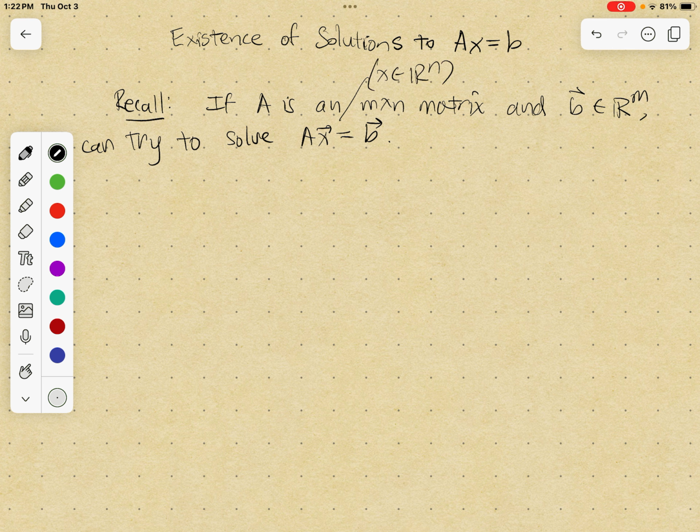We're looking for all the vectors in Rn such that A times x equals b.